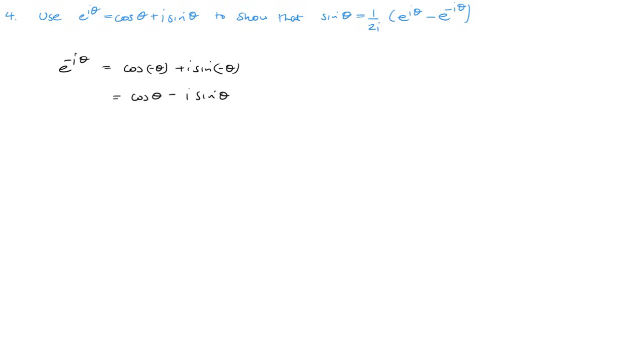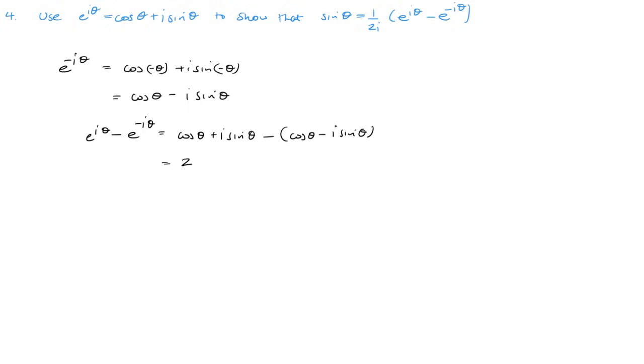So now let's start with e to the i theta minus e to the minus i theta. So that's going to be cos theta plus i sine theta minus cos theta minus i sine theta. So cos theta and minus cos theta will cancel, and then this i sine theta will become positive.